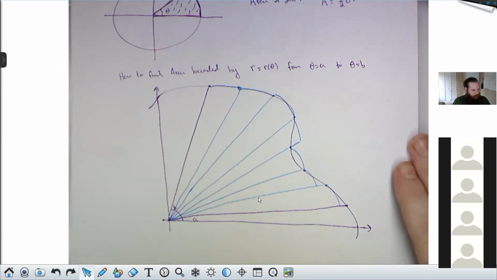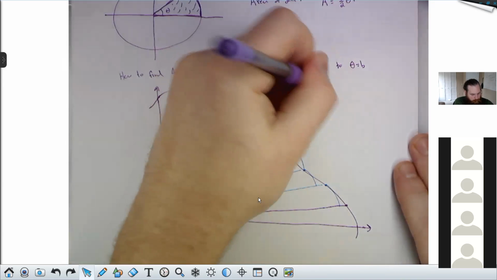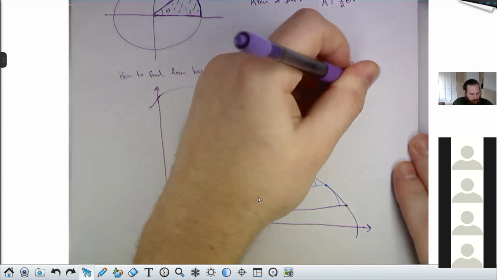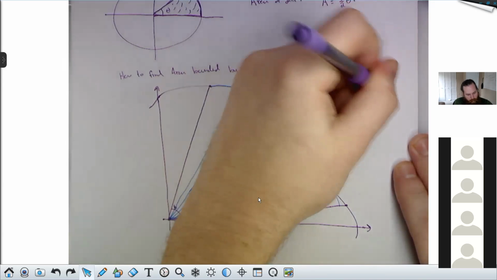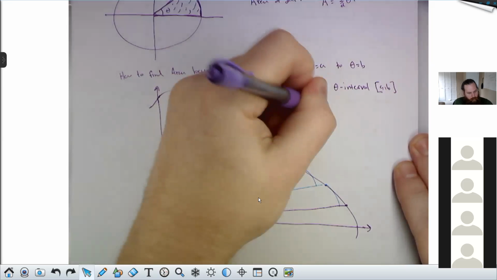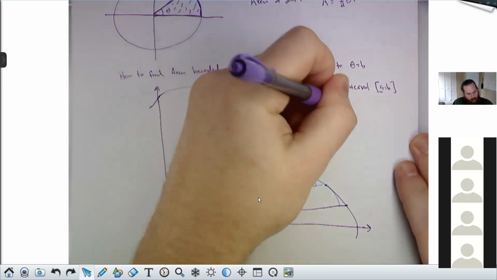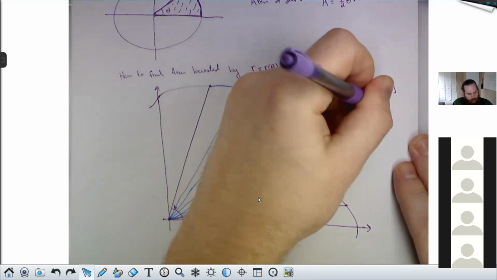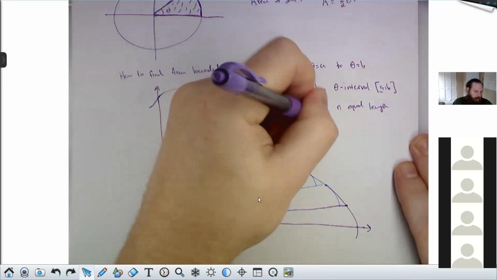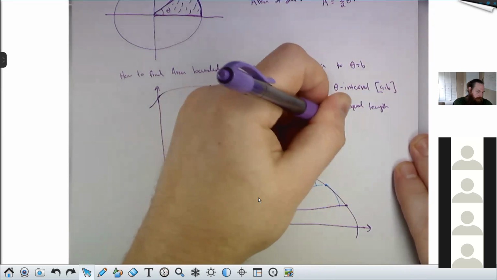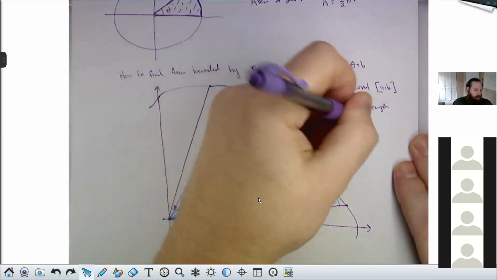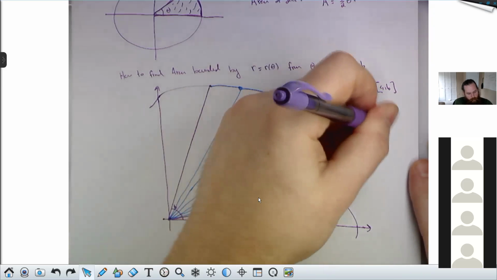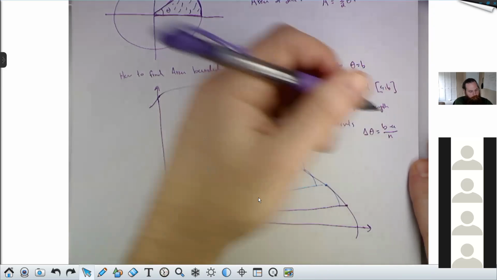So I chop the theta interval AB into n equal length subintervals, each of width delta theta, which is b minus a over n.